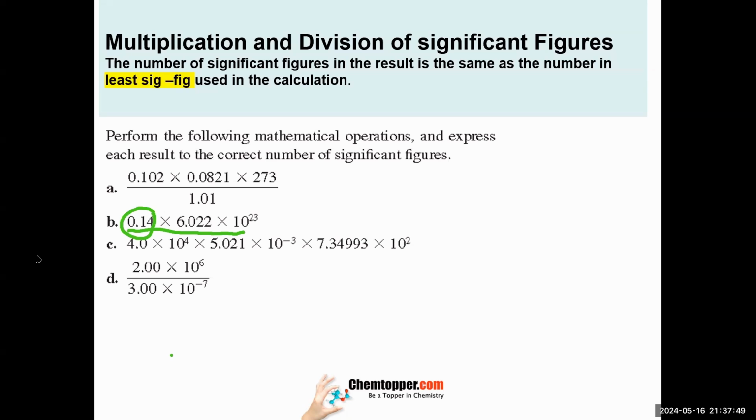You remember trailing zeros are not counted, so this 0 is not counted. So how many sig fig in this number? 2. How many in this? 1, 2, 3. This 0 is counted, captive. 1, 2, 3, 4.